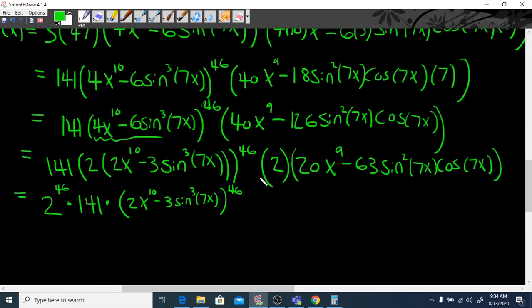There's another 2. So what I'm going to do, because there's another 2 here, is I'm just going to change this power to 47. Okay, and then 20x to the 9 minus 63 sine squared 7x cosine 7x. Okay.